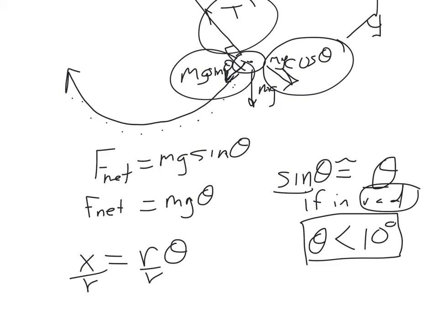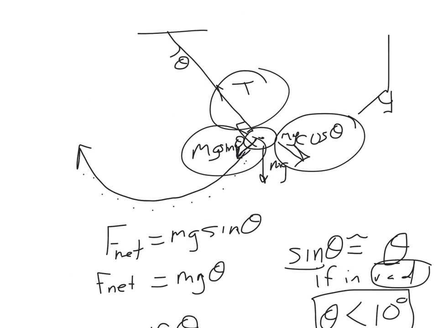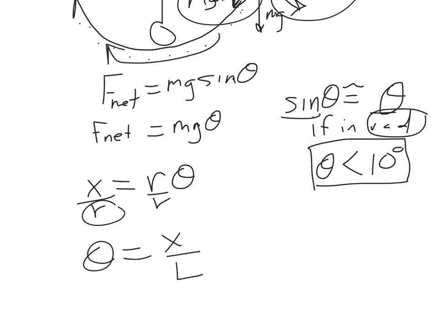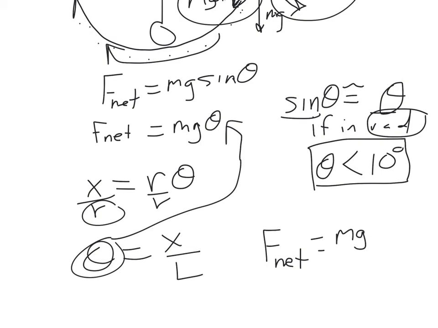And in this case, the radius here is actually the length of that pendulum. No matter where it is, that string is length L long. So instead of radius, I'm just going to replace that with L. So theta equals x, x being this distance here as we go around the arc, divided by L. So let's take that theta and put it back here. So we have the net force equal to mg times the arc length x divided by the length of the pendulum.